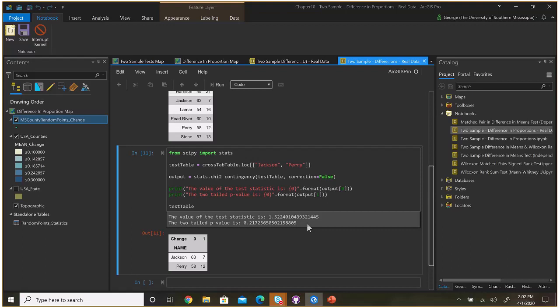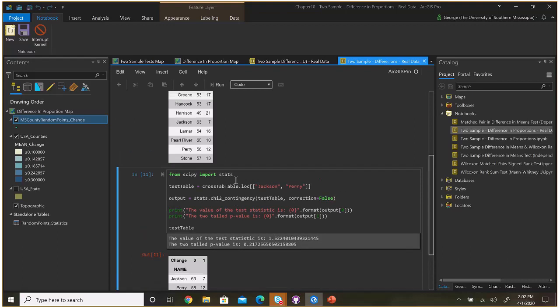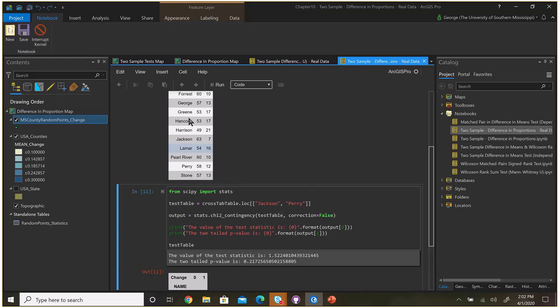Although we were close to meeting the cutoff, closer to meeting the cutoff value than we were when we compared Lamar and Hancock County. Okay. Now, just as a preview here, we can actually use the same method, and this is only for this test. It's not the two-sample test.